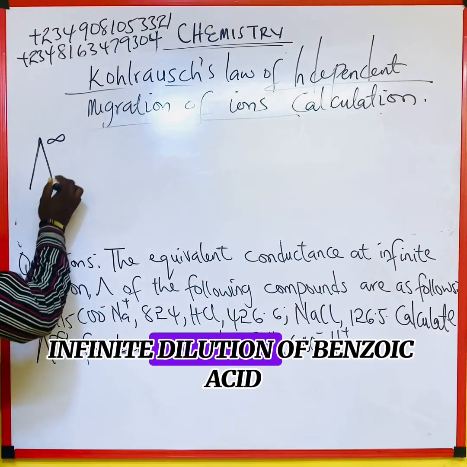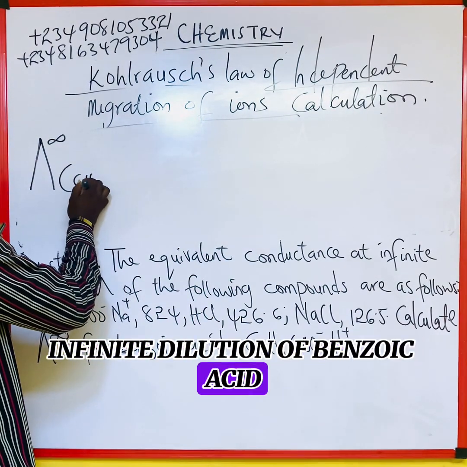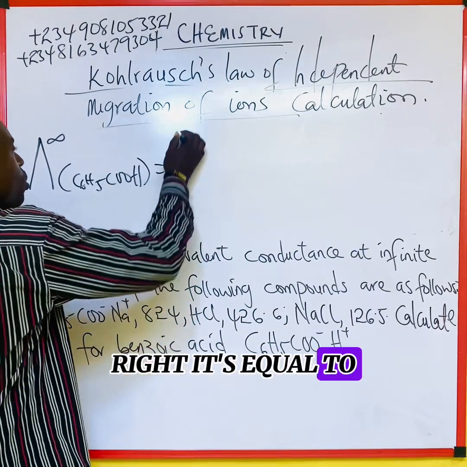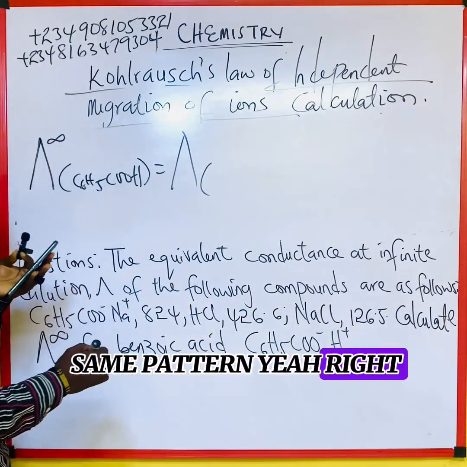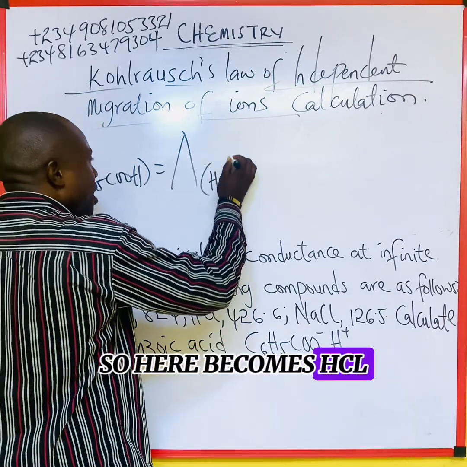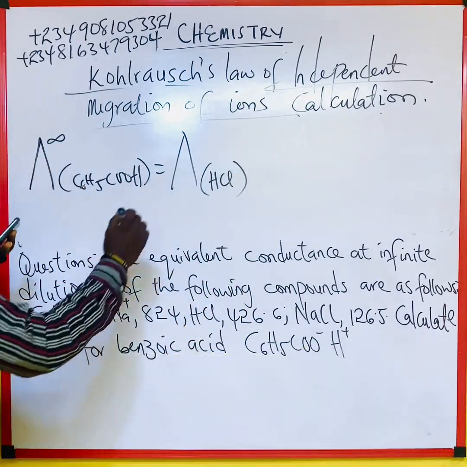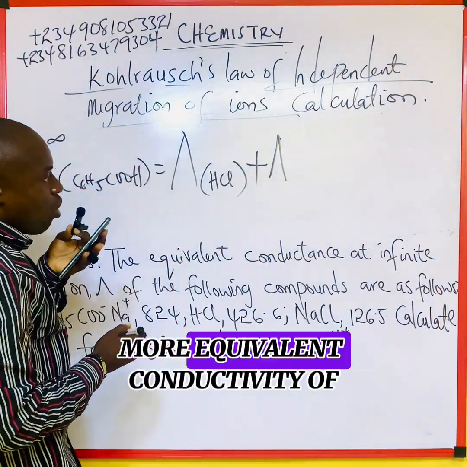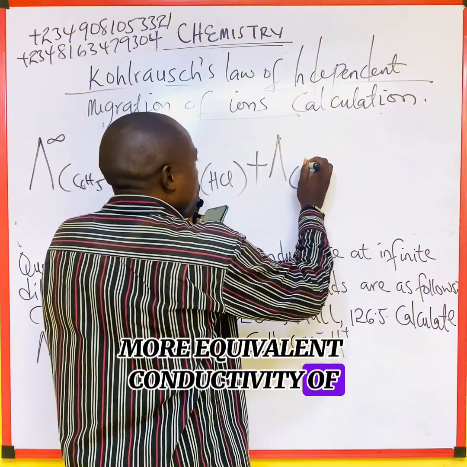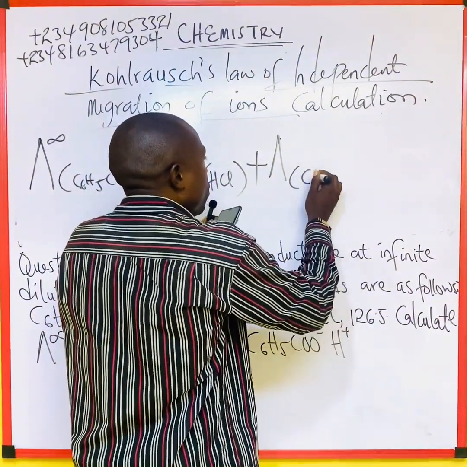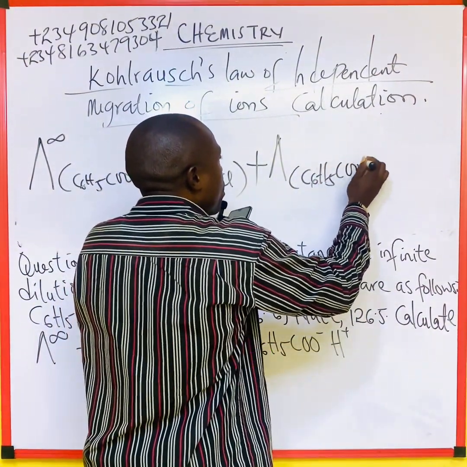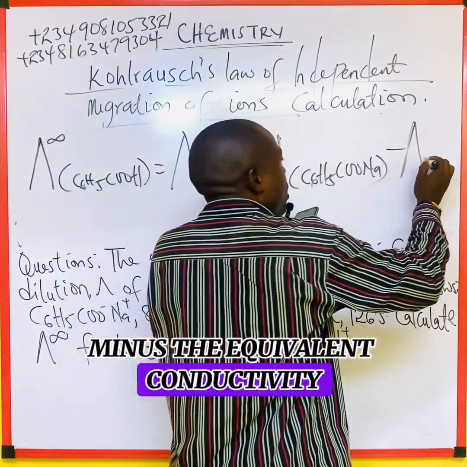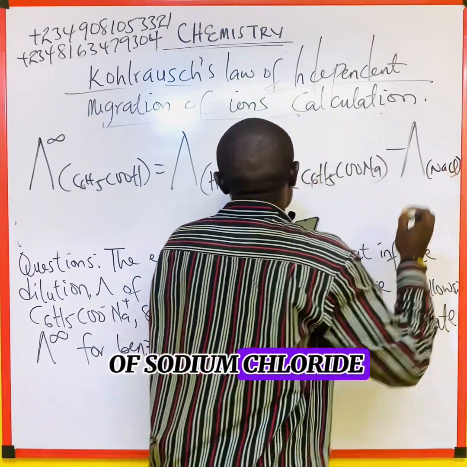Infinite dilution of benzoic acid is equal to the same pattern here. So here becomes HCl, first of all, of the strong acid, plus the equivalent conductivity of the C6H5COONa, the pattern here, minus the equivalent conductivity of sodium chloride.